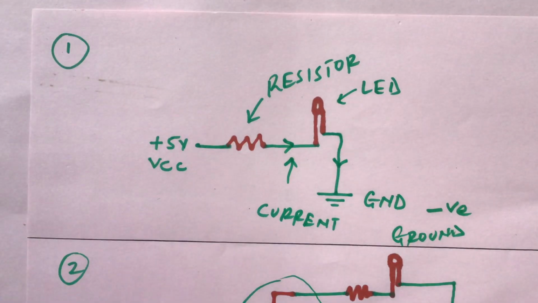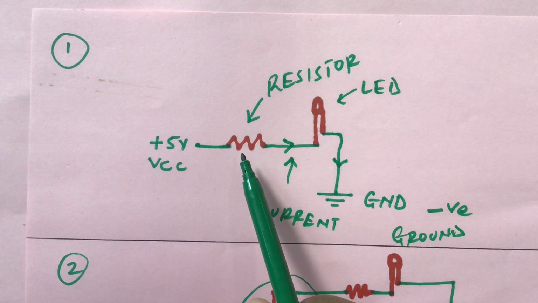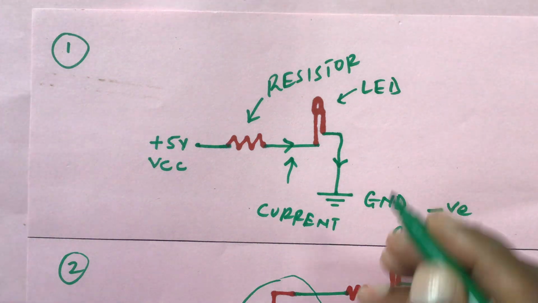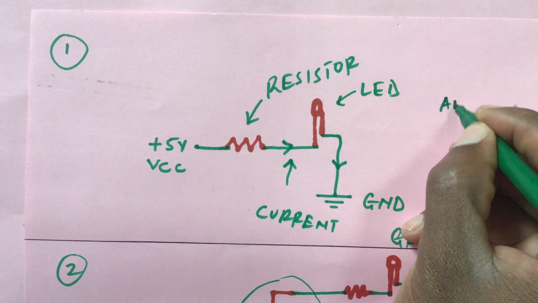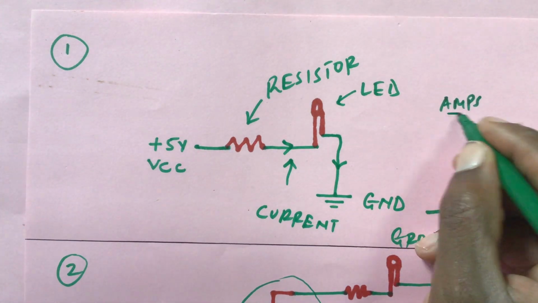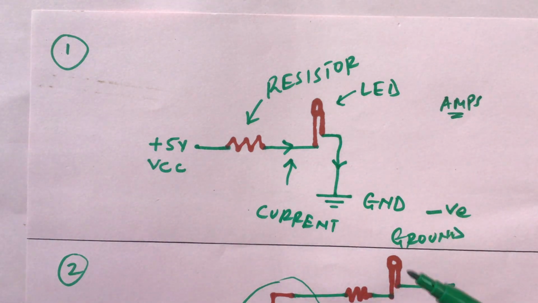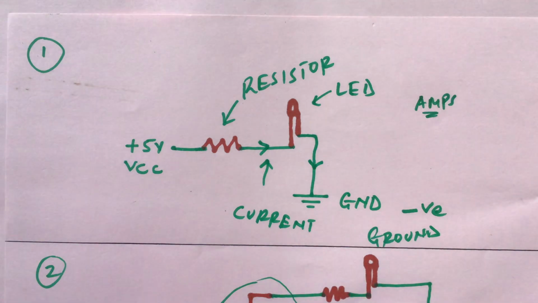It's different from this resistor in a way that with this resistor, you just vary a specific amount. For example, current is normally measured in amps. So maybe you want 2 amps to go through your circuit.